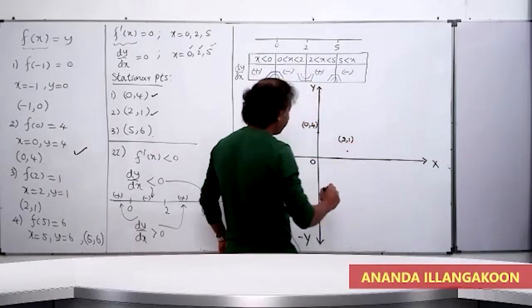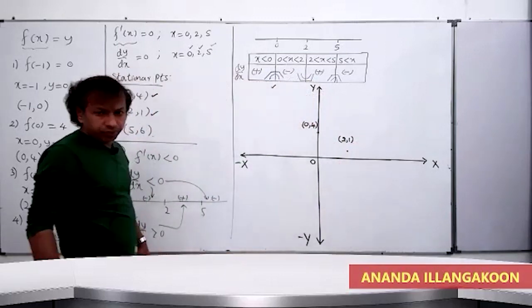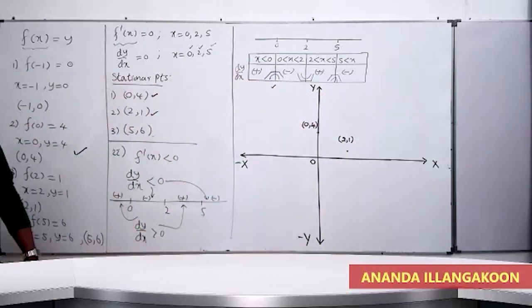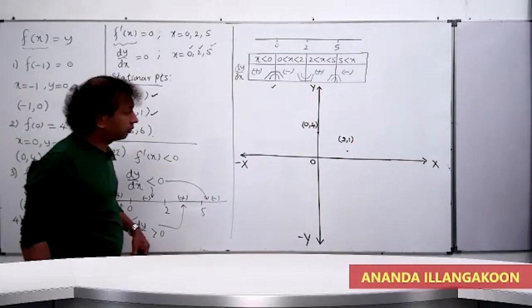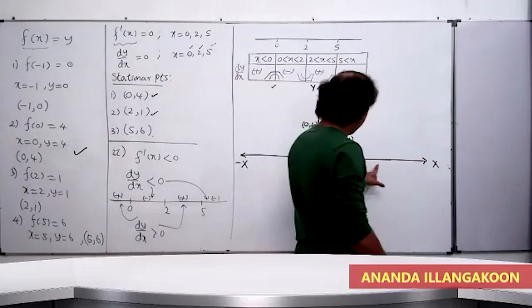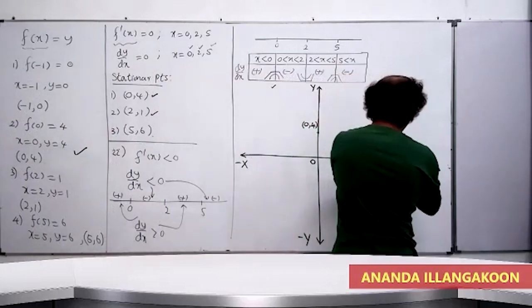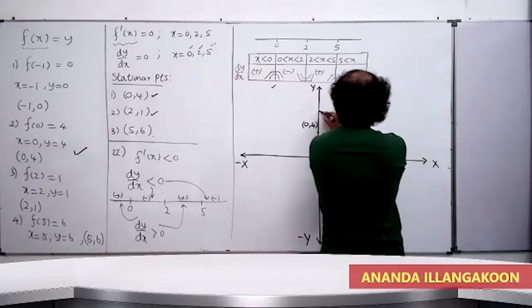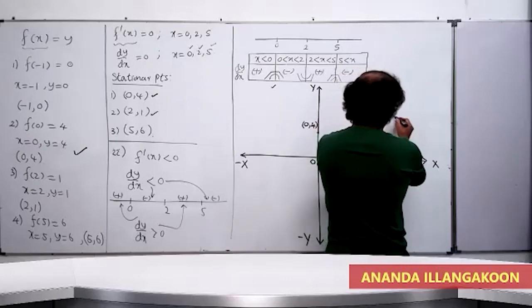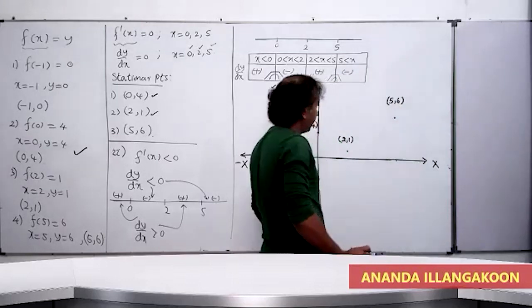And x equals 5, another stationary point, y is 6. Somewhere here, y is 6.